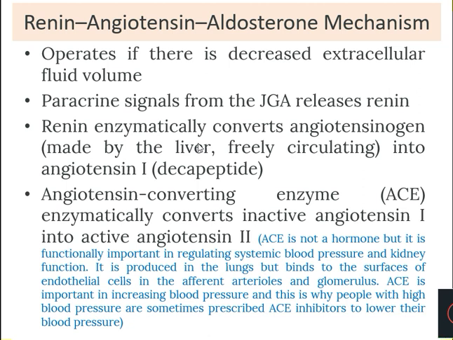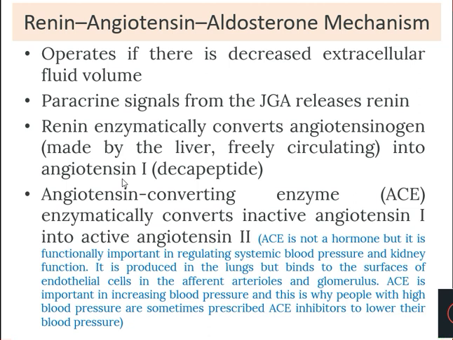It is into this plasma that renin is released. What will renin do? Renin converts angiotensinogen into angiotensin 1, which is a decapeptide, having 10 amino acid residues. So, renin is released by JGA, renin released to blood, renin converts angiotensinogen of blood plasma into angiotensin 1.